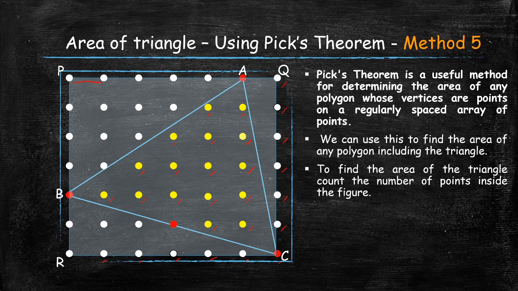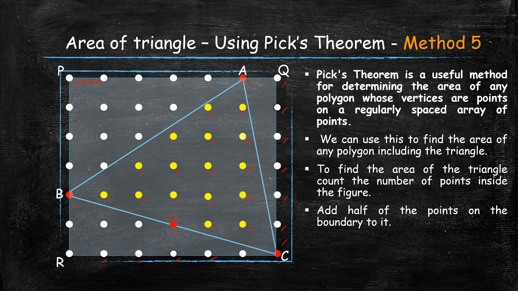So we get the number of points as 16. So now we add half of the points from the boundary to it. It means that you have to check how many points are on the boundary of the sides of the triangle. So we have point A, so that counts as 1 point, point B, point C, and there is another point.